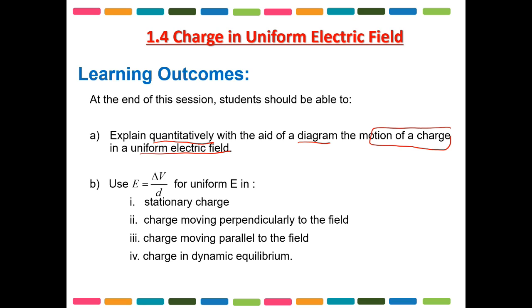And for this uniform electric field, we have a specific equation for the electric field strength. We are going to look at the motion for these four cases. We have motion of stationary charge in between two plates, charge moving perpendicular to the field, charge moving parallel to the field, and charge in dynamic equilibrium.